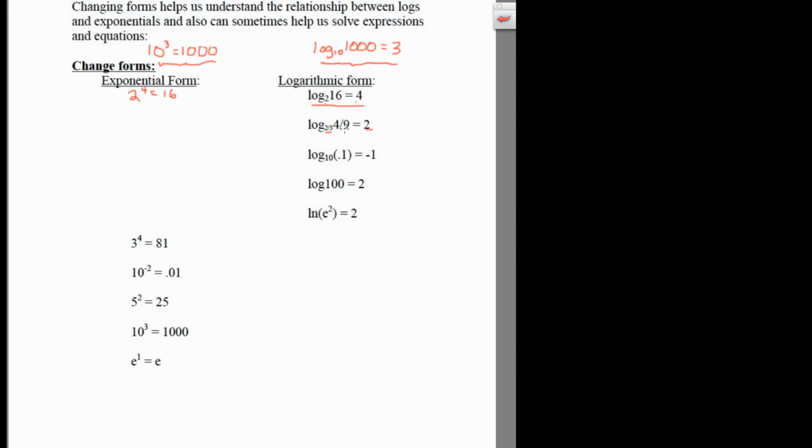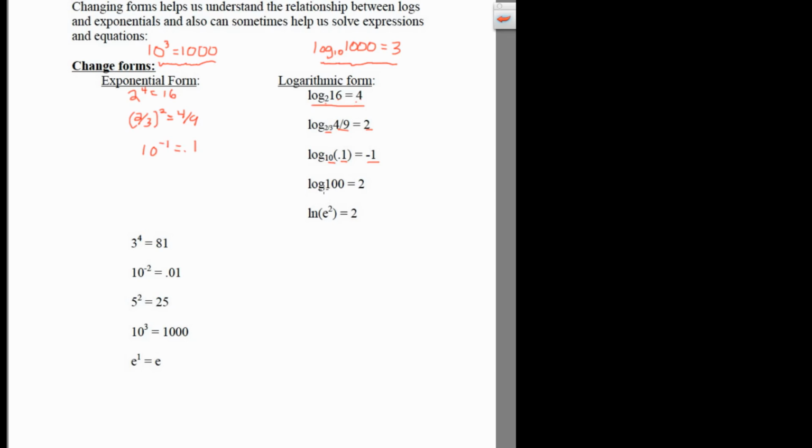2/3 to the 2nd power equals 4/9. Ten to the -1 power equals 0.1. Now this one has no base.